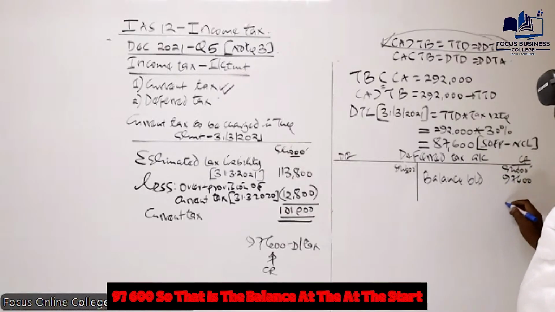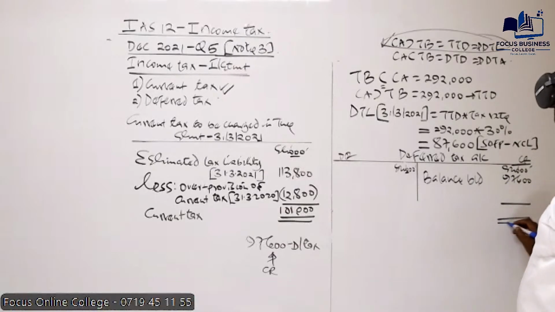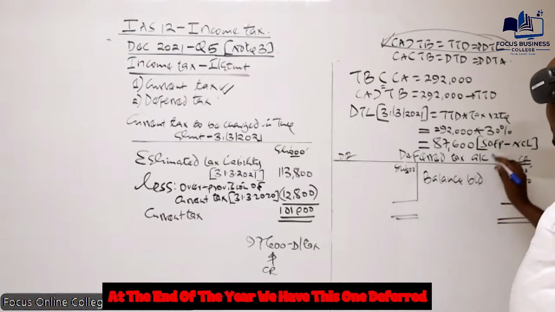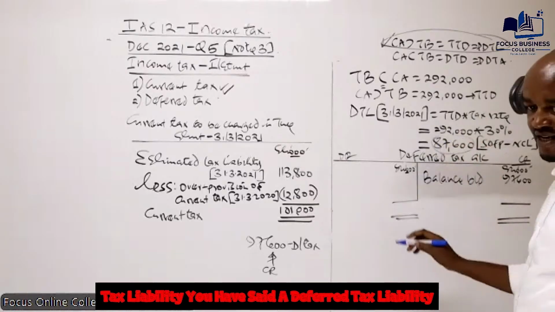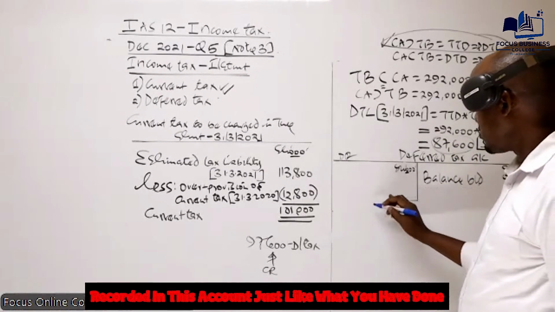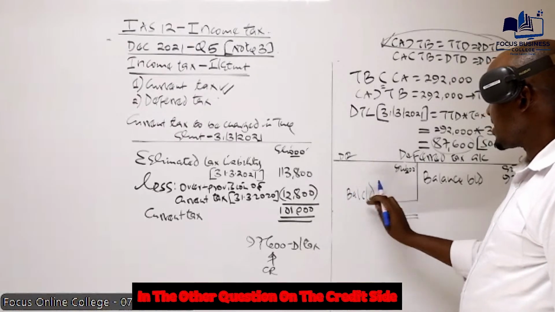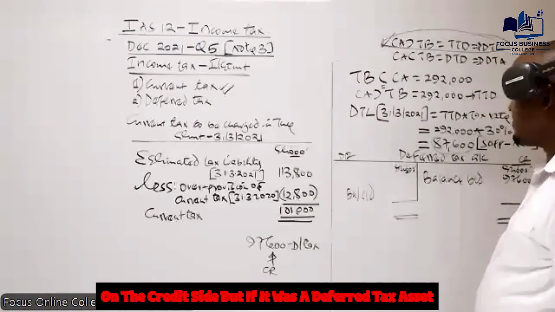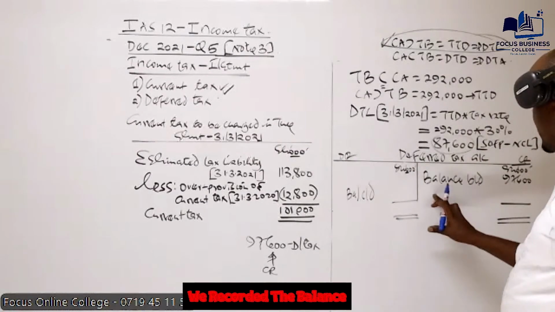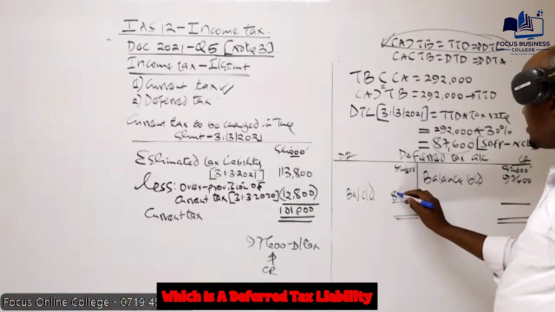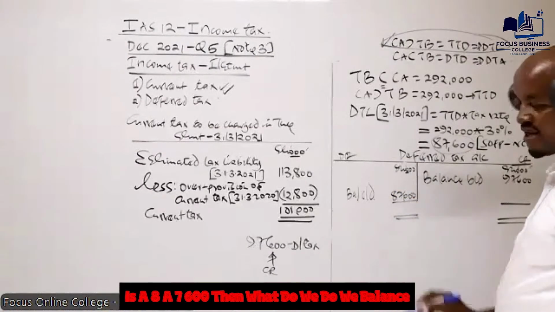At the end of the year, we have the deferred tax liability, which should be recorded on the credit side. If it was a deferred tax asset, we would record the balance carried down here. So the balance carried down, the deferred tax liability, is 87,600.